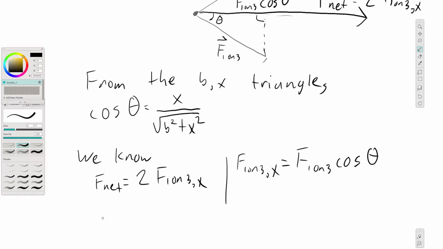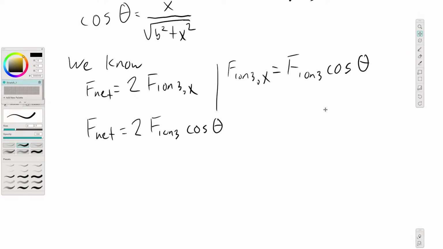I did that all pictorially. So our F net is going to look like 2 times F of 1 on 3 cosine theta. And further, we know that cosine theta is this fun algebraic mess.